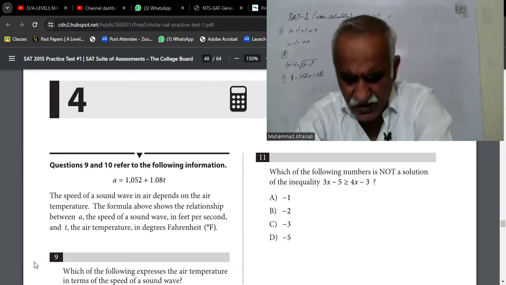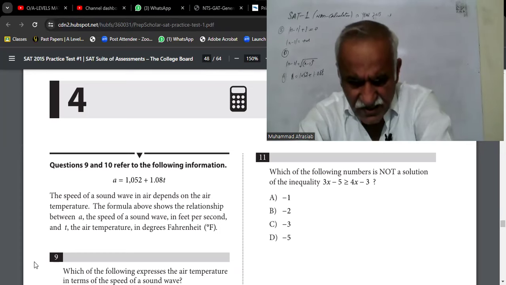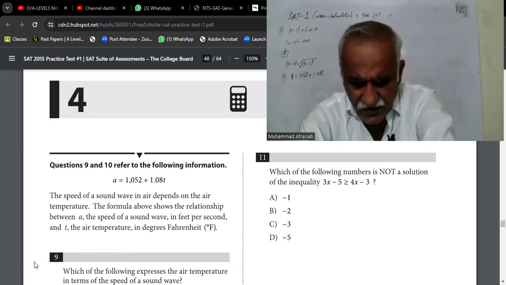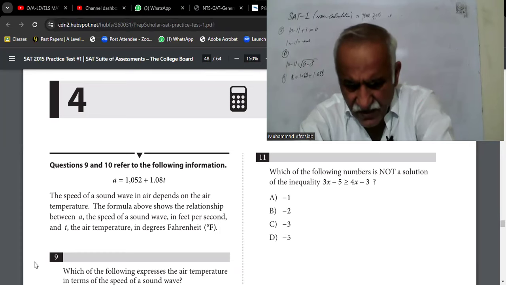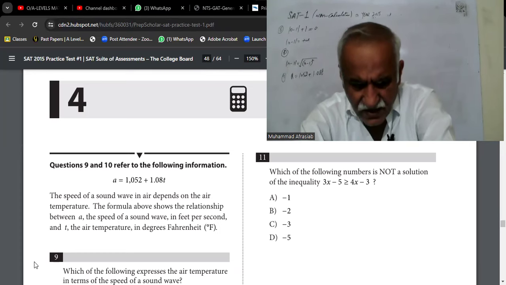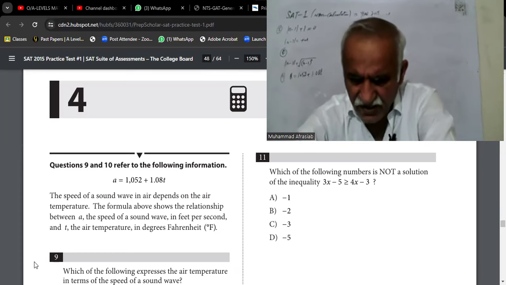The formula shows the relationship between the value of A, the speed of the sound wave in feet per second, and T, the air temperature in degrees Fahrenheit.